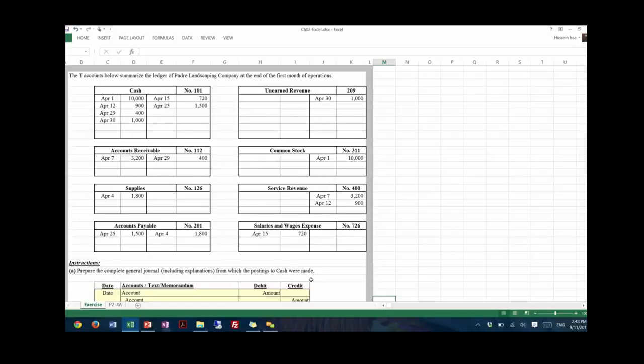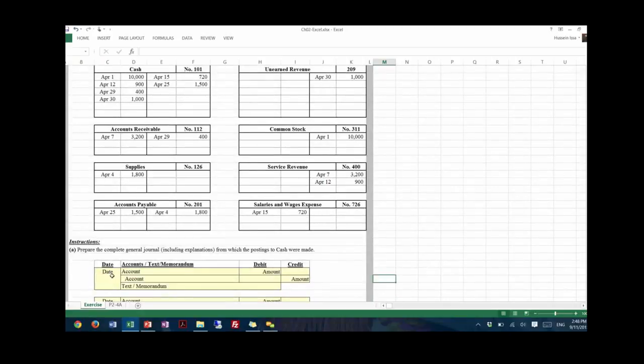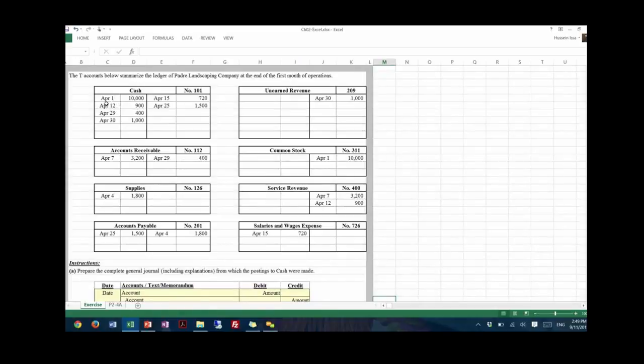So we only want to look at cash. When you have to do that, the first thing you need to do is to start with the accounts in chronological order. So April 1st, it was 10,000. You look at the other accounts and see if there was any posting on that day. What do you see?